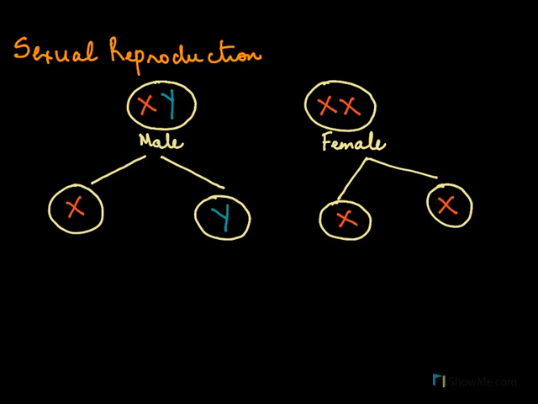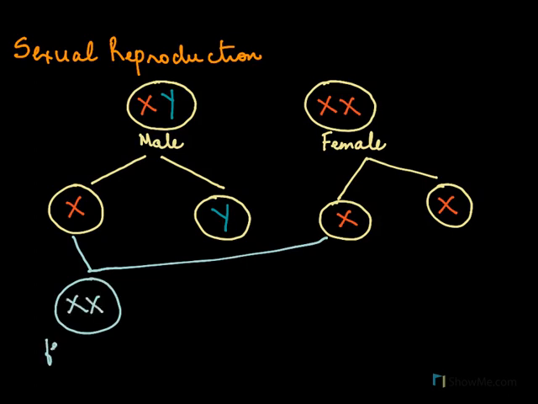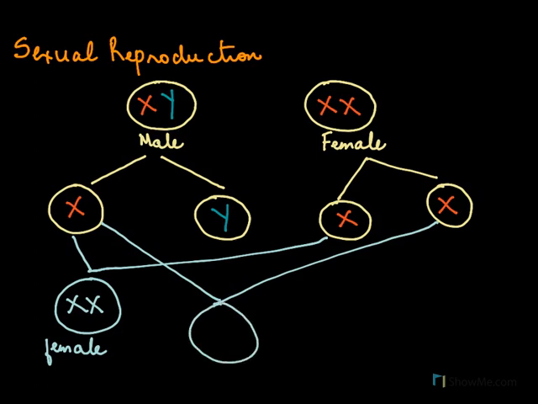Now what are the different combinations possible? It could be this sperm could fertilize this egg. If that happens, then you'll have X and X, and you'll have a female. Or this sperm could have fertilized this egg.